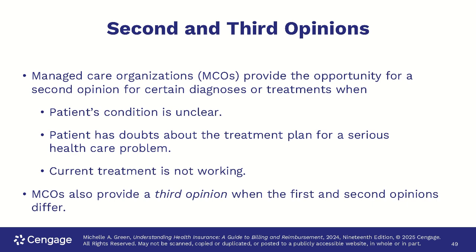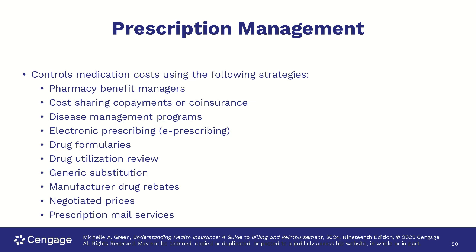Sometimes managed care provides an opportunity for a second opinion for certain things. Sometimes they may even seek a third opinion, right? So you got Dr. A, and then you get a second opinion by Dr. B, and then, well, let's see what Dr. C says, because maybe that person can break the tie and the patient really doesn't need surgery.